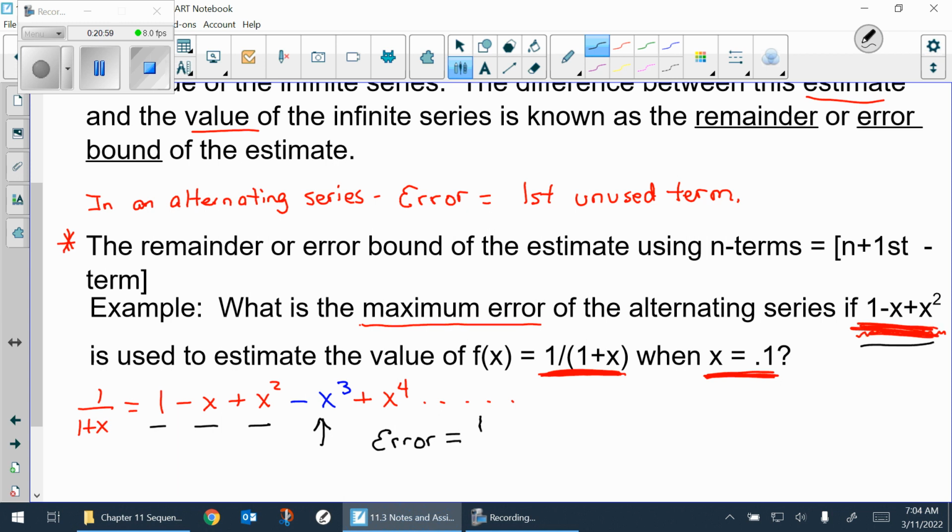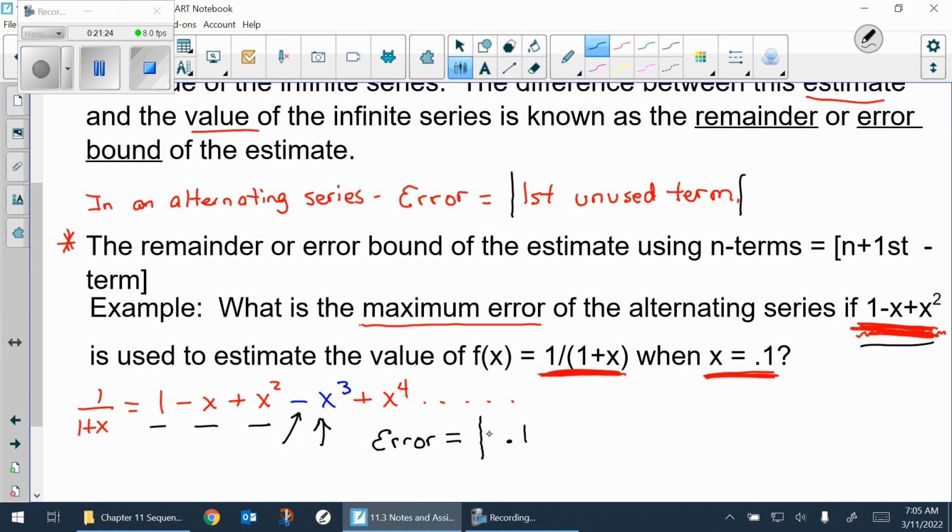And again, it's going to be an absolute value, and I probably should have shown that right here. The error is going to be equal to this x value of 0.1, that's what x is, and whether I include this negative or not, the absolute value is going to make it positive.